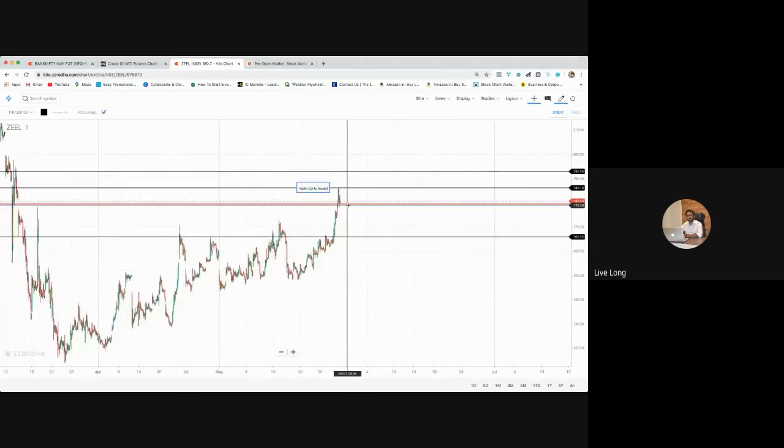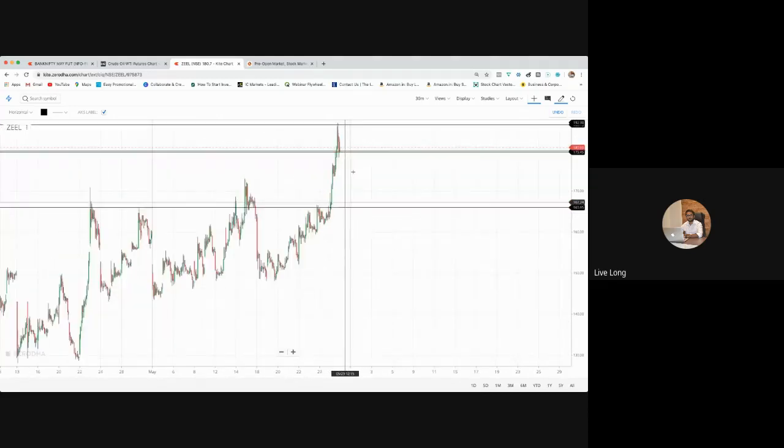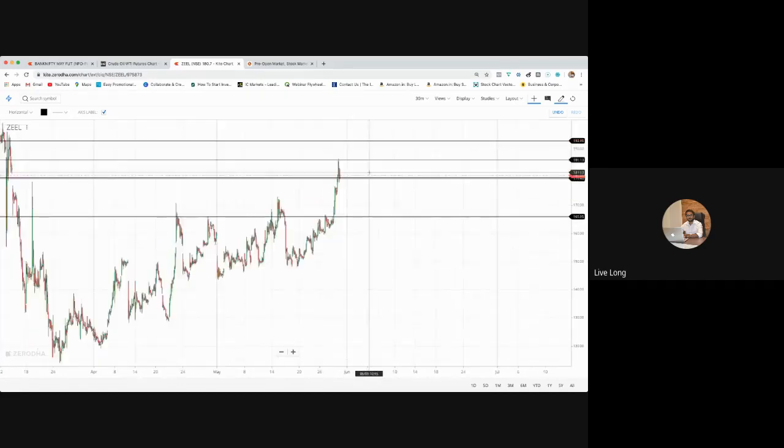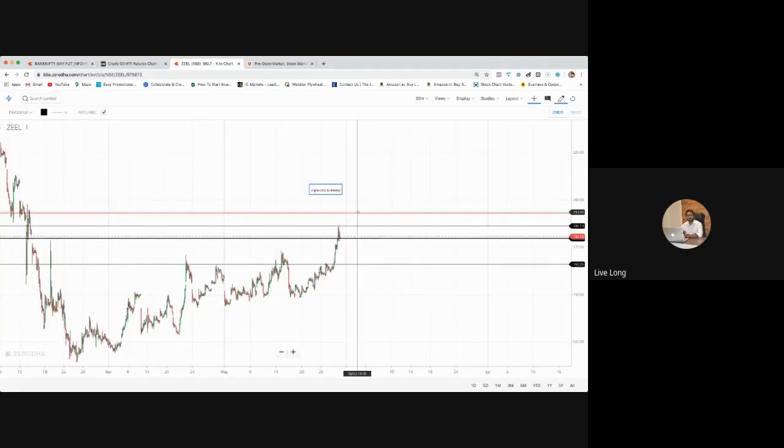If I have a look over here, my entry would be somewhere around 185, and my stop loss would be somewhere around 179. My first target would be at 193. In this particular trade, the target would be around 7 rupees, and the stop loss is around 6 rupees.